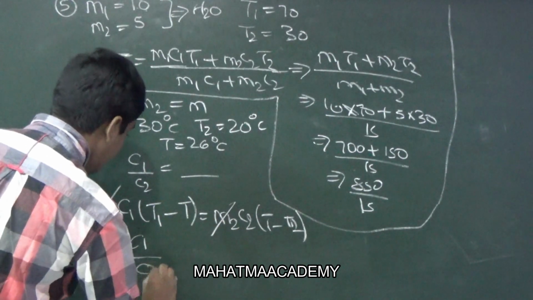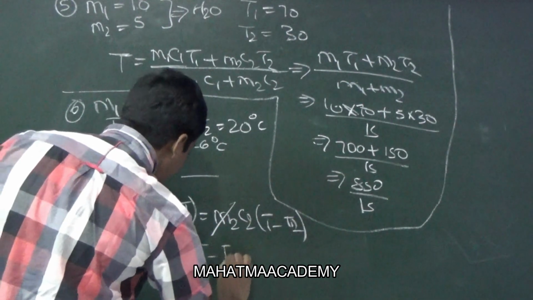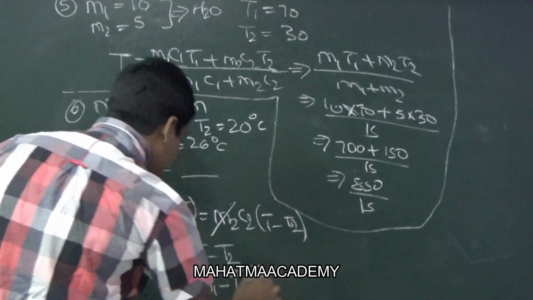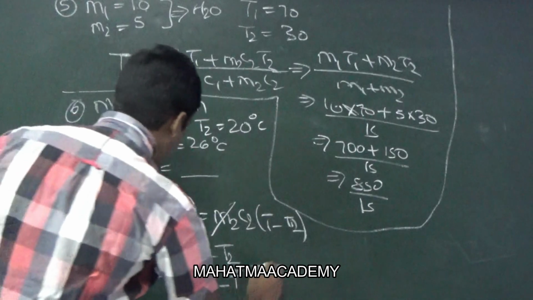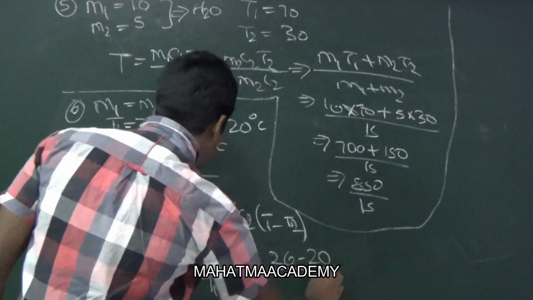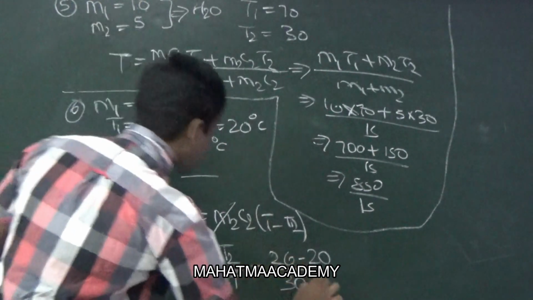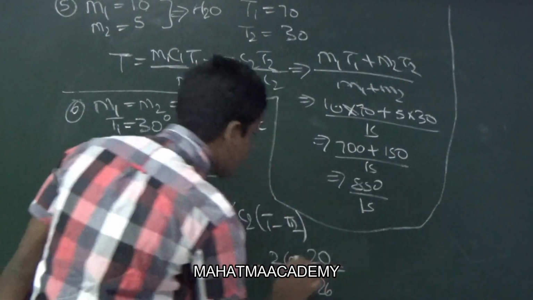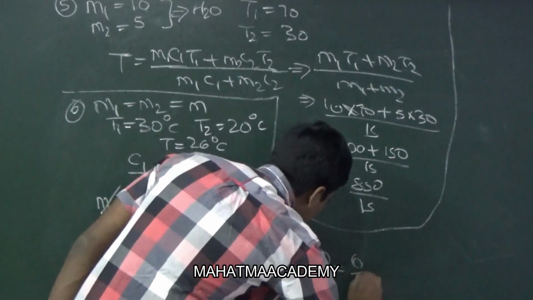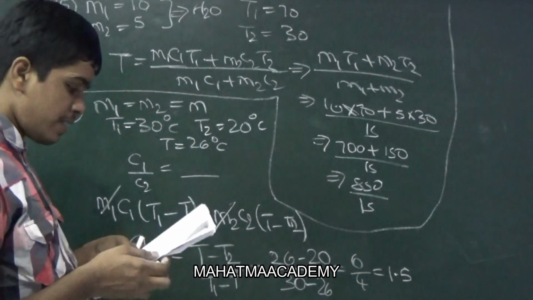From this C1 by C2 is T minus T2 upon T1 minus T. That is 26 minus 20 upon 30 minus 26. 26 minus 20 is 6 upon 4. That is 1.5. The ratio is 1.5.